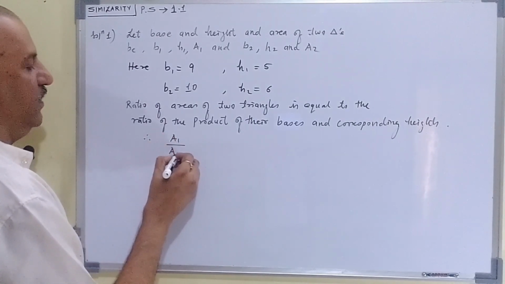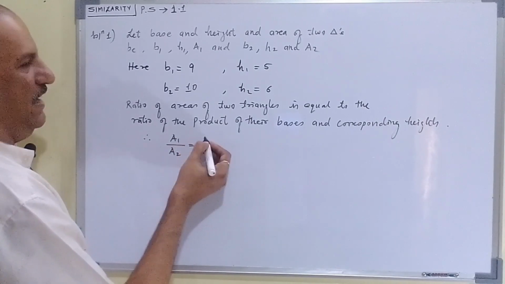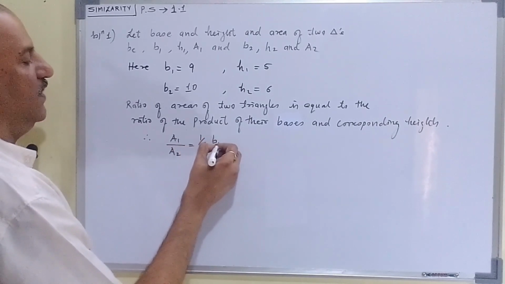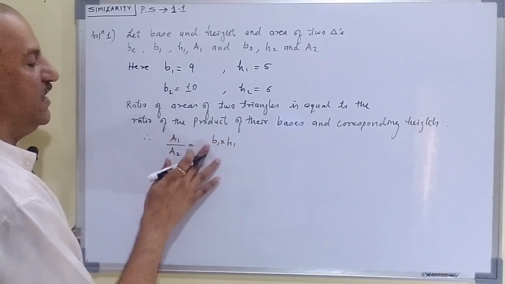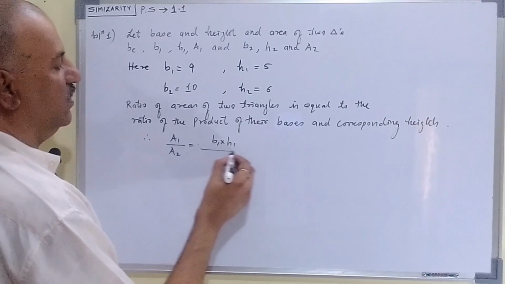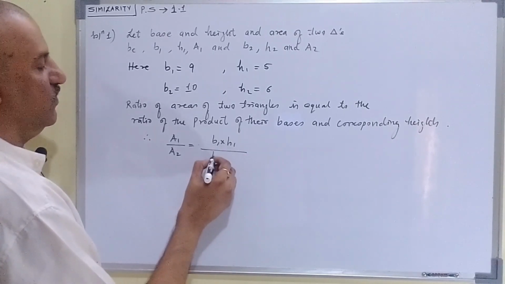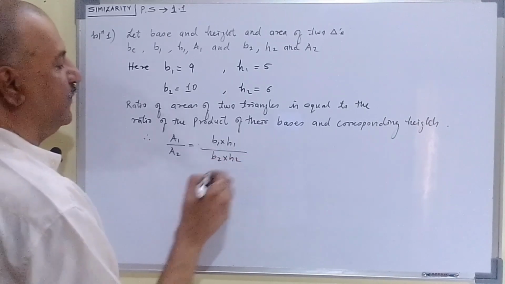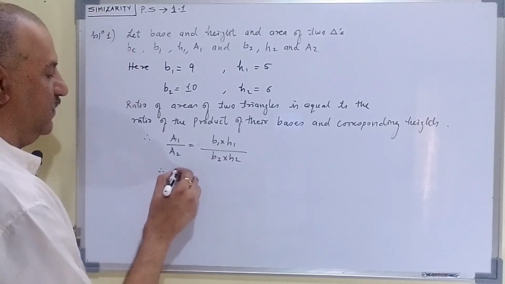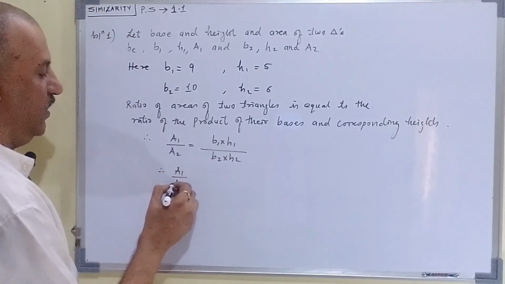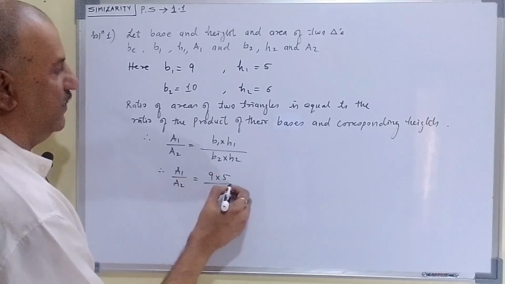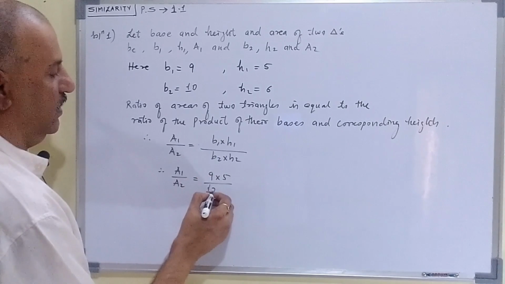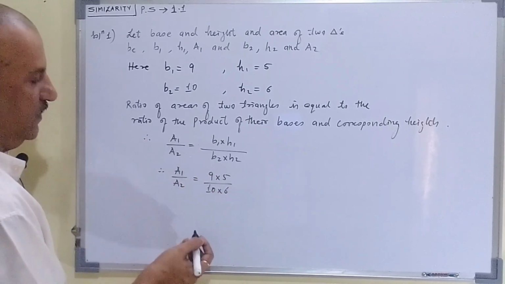Once you write this property, which is property number 1, we go to represent it. A1 upon A2 is B1 into H1. Please don't write half here because it is proportional to the product of base and height. So B2 into H2. Substitute the values. Therefore, A1 upon A2 is 9 into 5 upon 10 into 6.